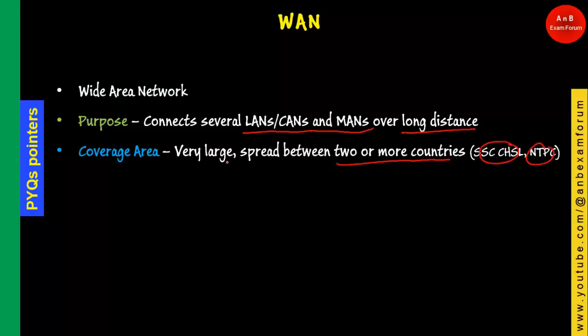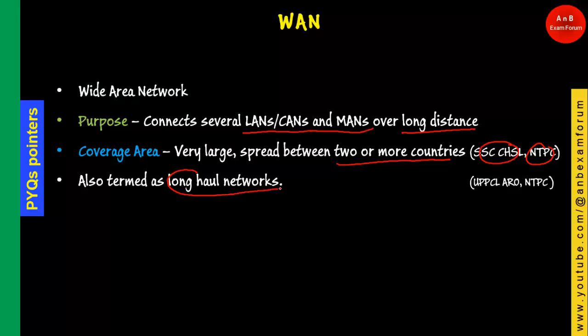WAN is very wide and it spreads between 2 or more countries, whereas a metropolitan area network spreads across 2 or more cities. And a very important one, these are also known as long haul networks. Okay, and this was asked in ARO and NTPC exam.